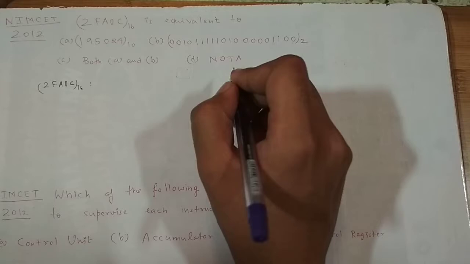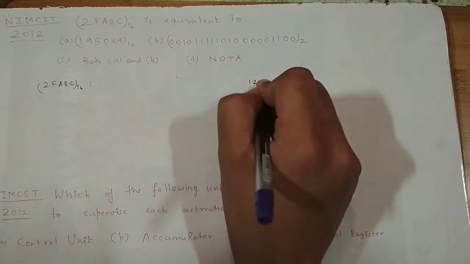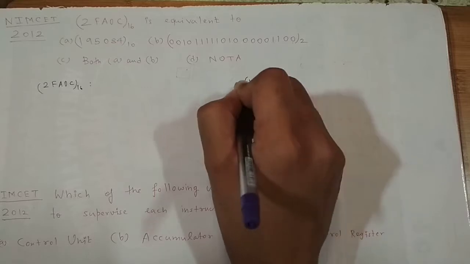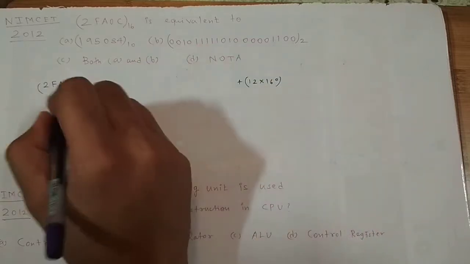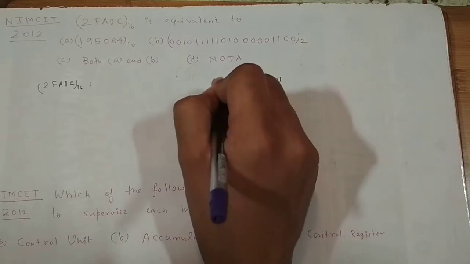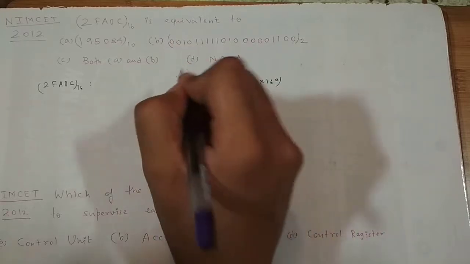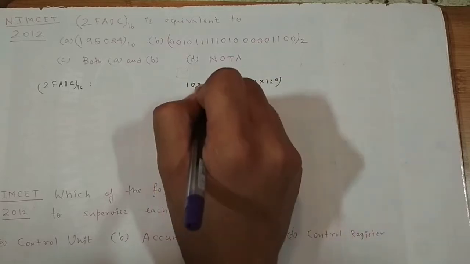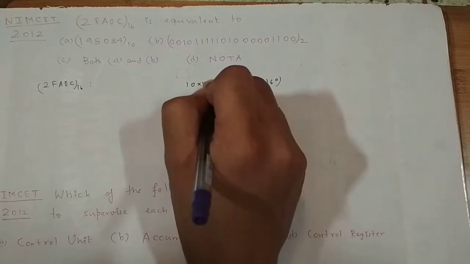So C has a value of 12, into 16 to the power of 0. Plus, anything multiplied by 0 will give me 0, so I'll directly write it as 0. Next we have A. A is given by 10 into 16 to the power of 2.